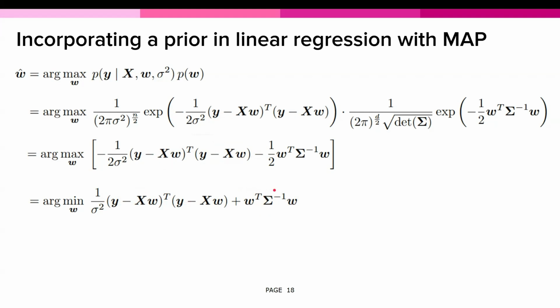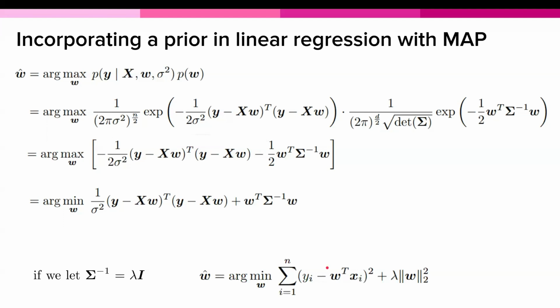In this case, we're saying that we don't expect the weights to influence each other. They're independent, so they don't covary. So sigma inverse would be a diagonal matrix, an identity matrix where each element along the diagonal has a value of some lambda. And if we do that, we can make things quite a bit simpler.